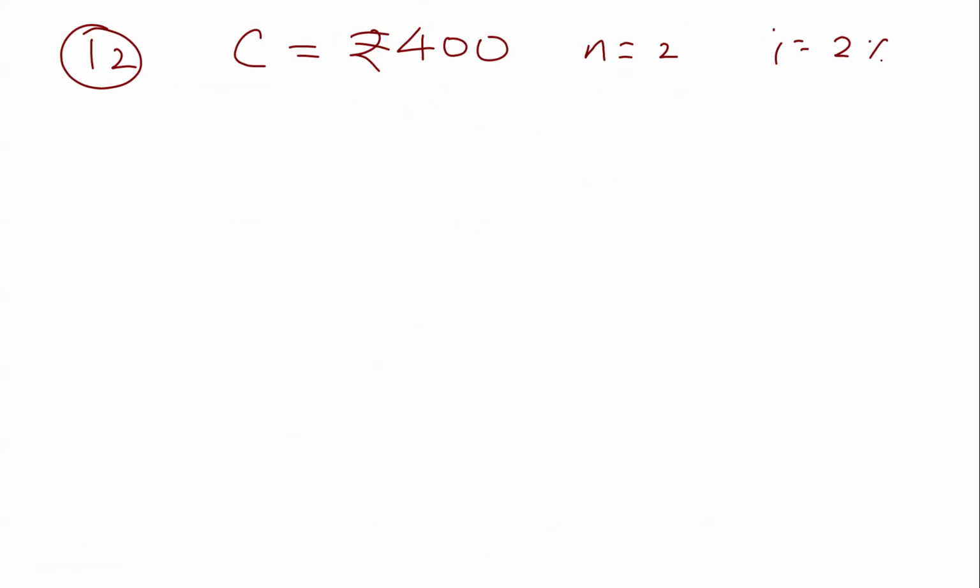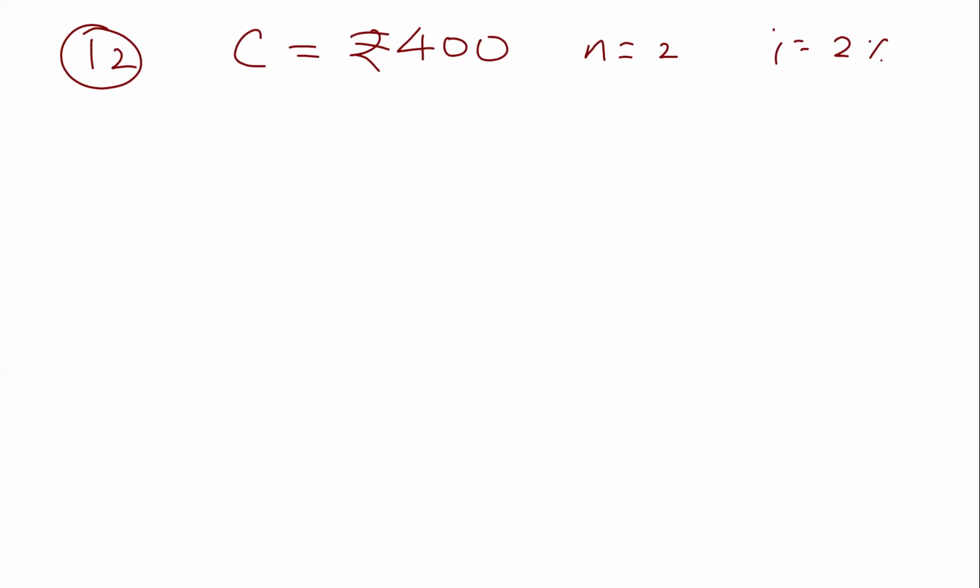I'll write this 8% as 8 upon 100. 600, 8 upon 100, one plus 8 upon 100, and this will be 1 minus (1 plus 8 upon 100) raised to minus 4.